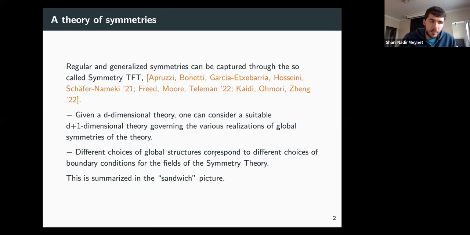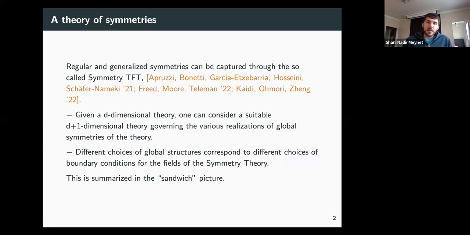So what has been learned so far about these topological symmetries? Well, one important aspect is that there's a handy tool to encode all these topological operators in a unifying framework. This tool is called the Symmetry Topological Field Theory, or SymTFT for short.